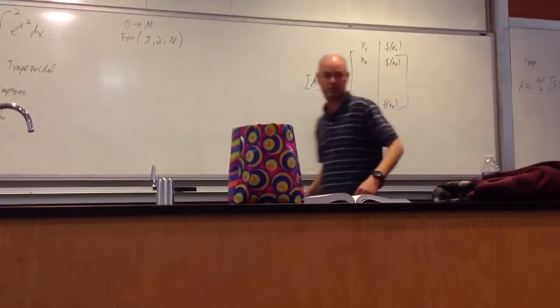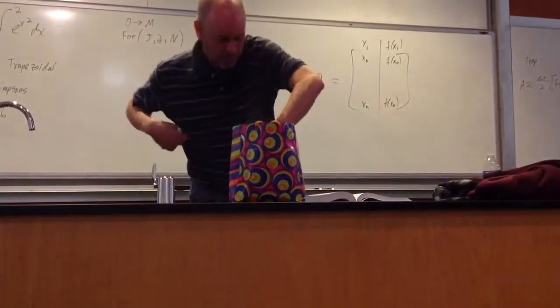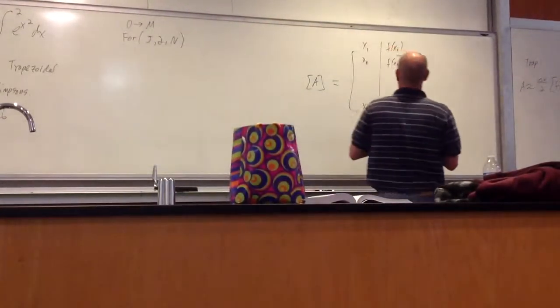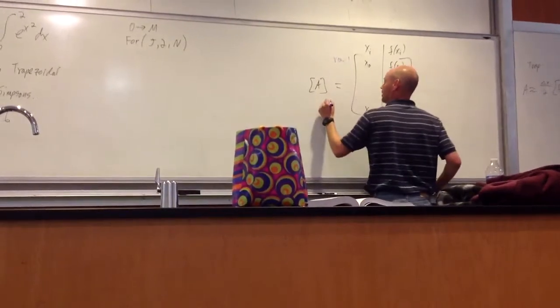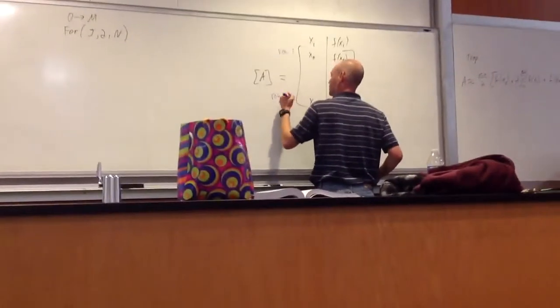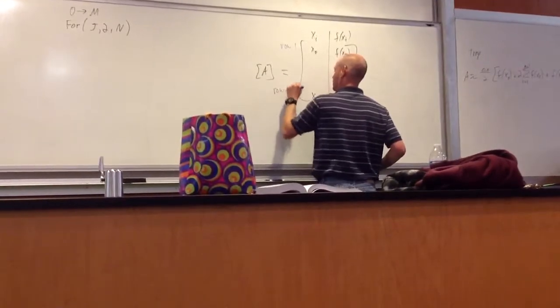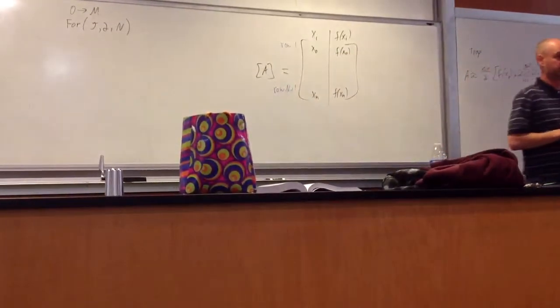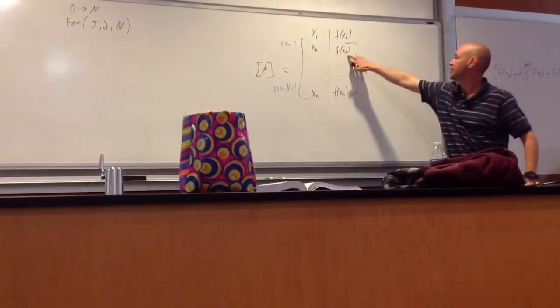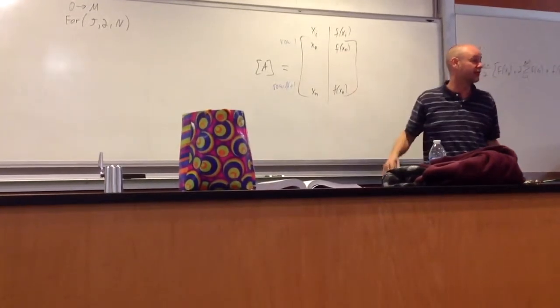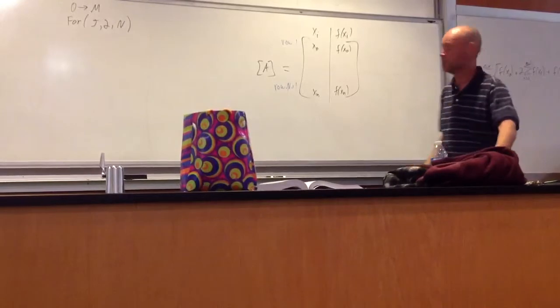So this is row 1, and this is row n plus 1. Even though we start the indices at 0, we need to keep track of this. We have to keep everything straight.